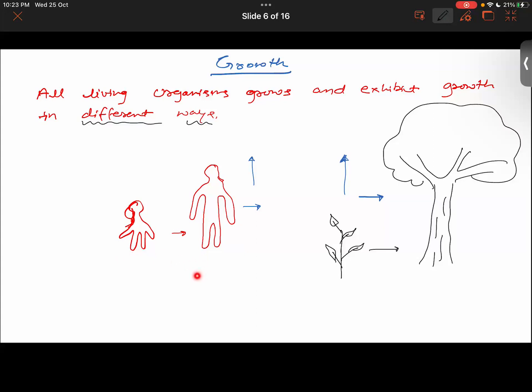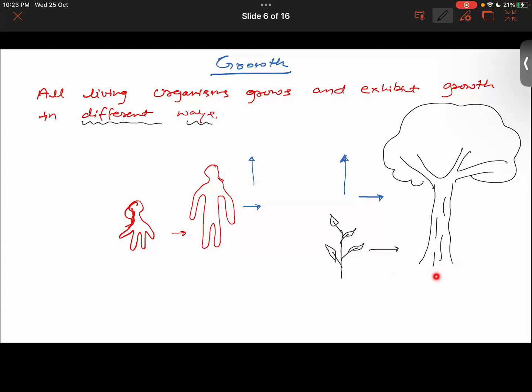So the only thing that will be taking place in the body, if we talk about adult age, what does growth simply mean? If there are some damaged tissues in the body, they will be repaired and new cells will grow in the body. That is what growth means in the case of this boy.